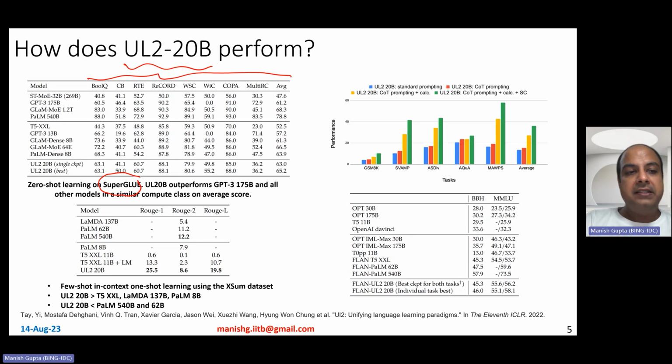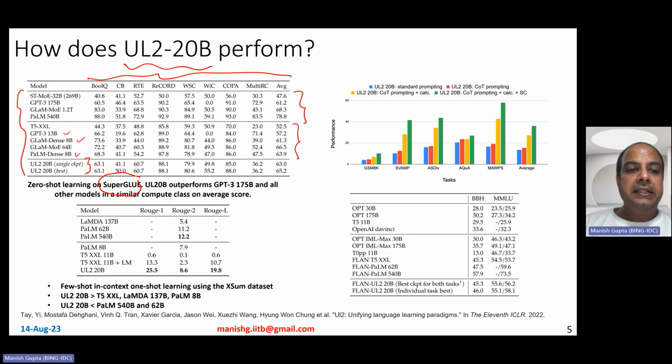You can compare it with several other previously popular models, for example, a mixture of experts model like Switch Transformer, the GPT-3 model, the GLaM model, the PaLM model. There are so many models. These are very large models, but they are somewhere in the range of UL2. UL2 is 20 billion parameters, while these models are 13 billion, 8 billion, 8 billion. So this is in the same range.